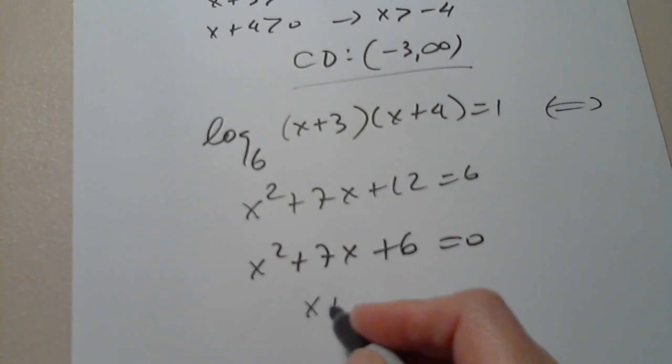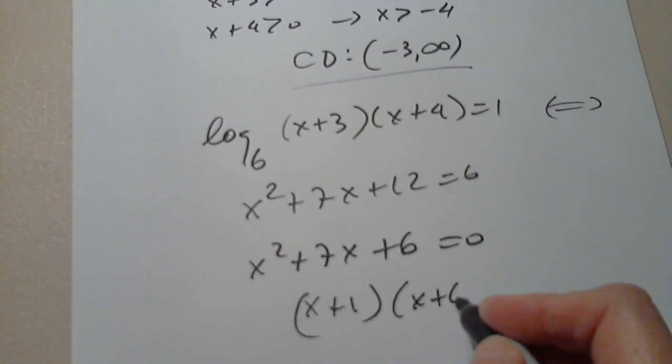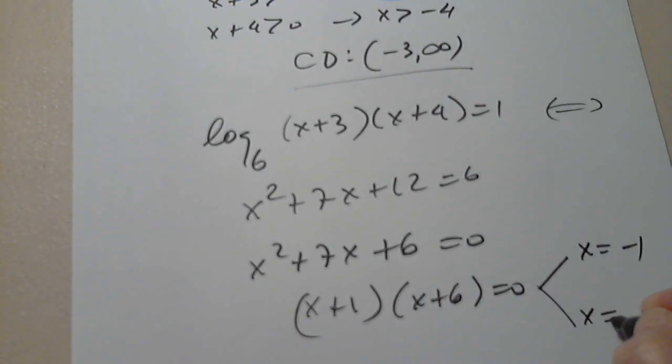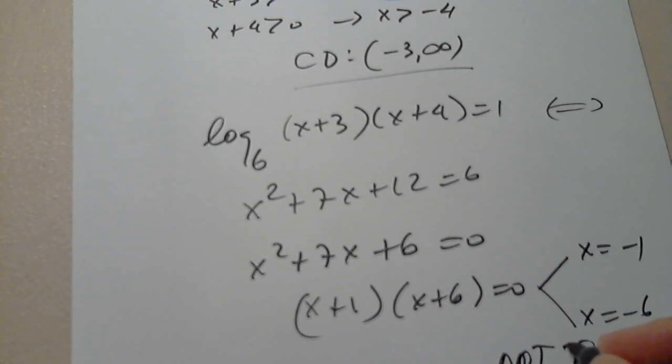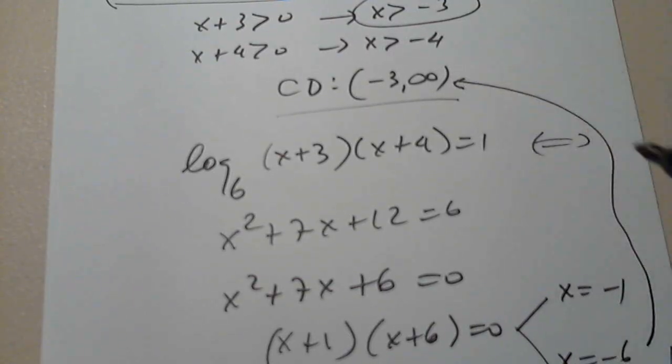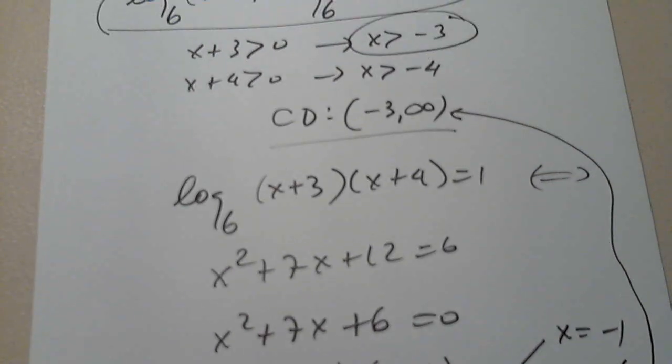Easy to factor into x plus 1, x plus 6. Get two options as negative 1 and negative 6. Not too fast. So I'm checking here. No. Yes.